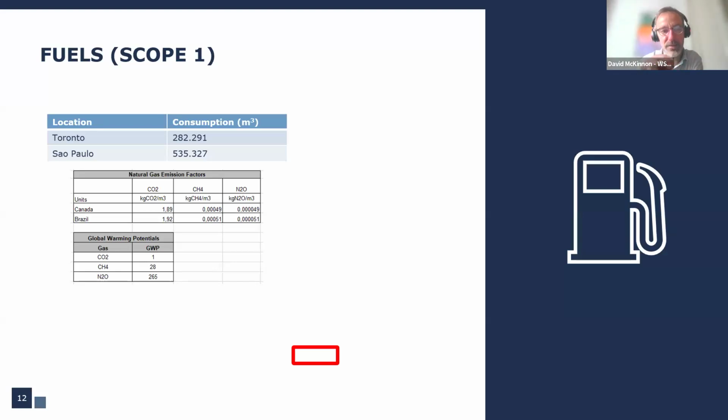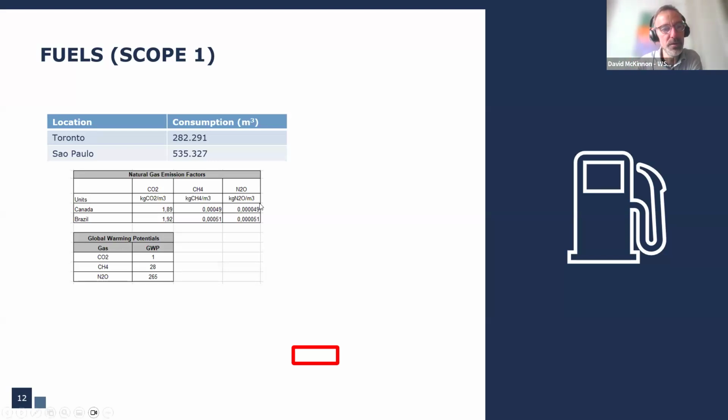And that's slightly different if it's in Canada or Brazil. I can't off the top of my head tell you why that is. It is probably something to do with either them including some of the losses in production in the emissions factors, or the gas just being a slightly different composition and not entirely pure methane.